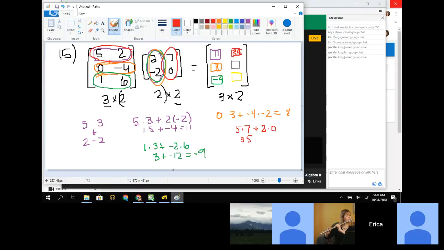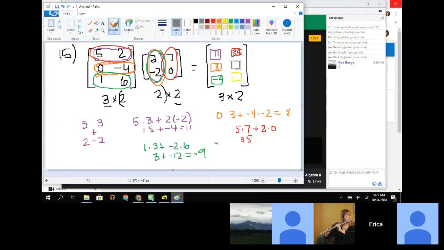All right, now you guys tell me what the gray one's going to be. Try gray. See if you can figure out what that's going to be. All right, Otto says 0.